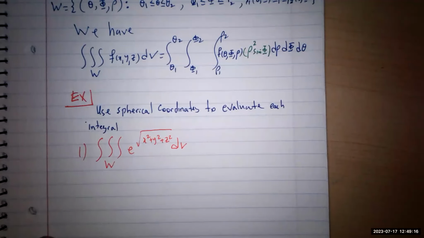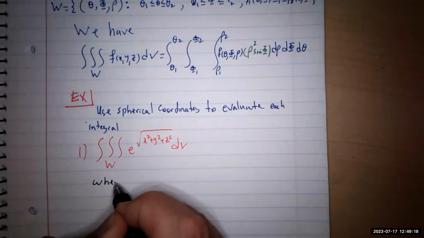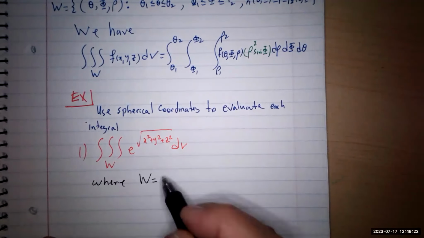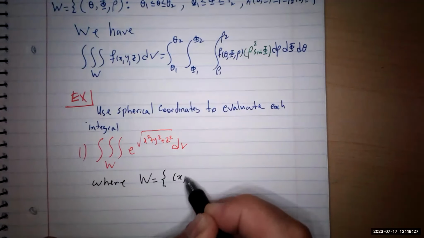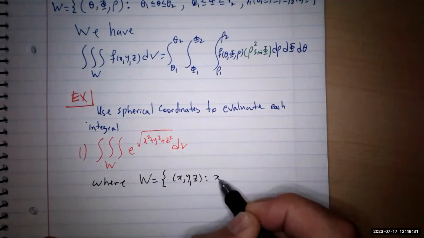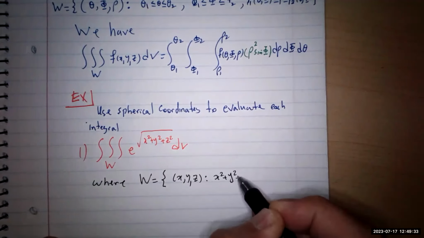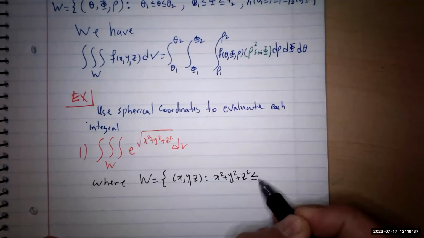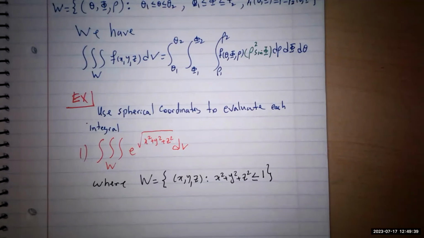It's a sphere, where W is all the points inside and on the sphere. It's x, y, z such that x squared plus y squared plus z squared is less than or equal to 1. This is how we want to find the integral.